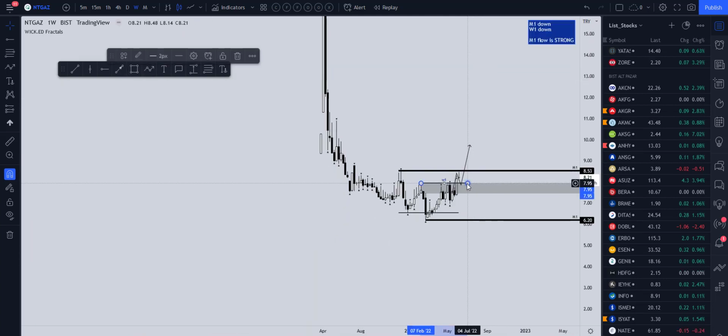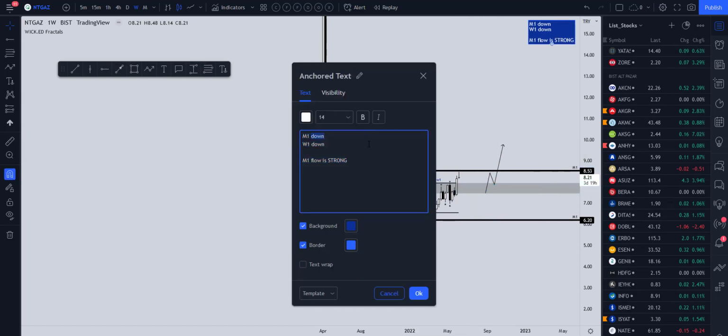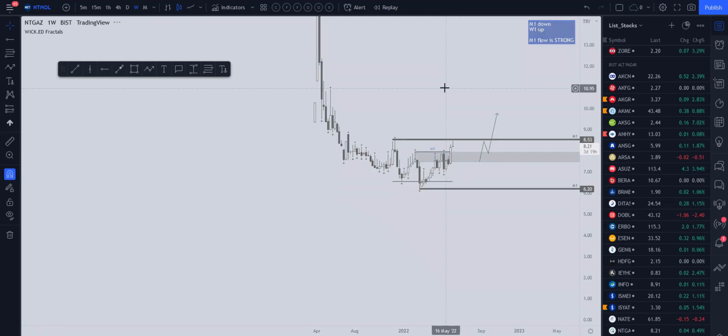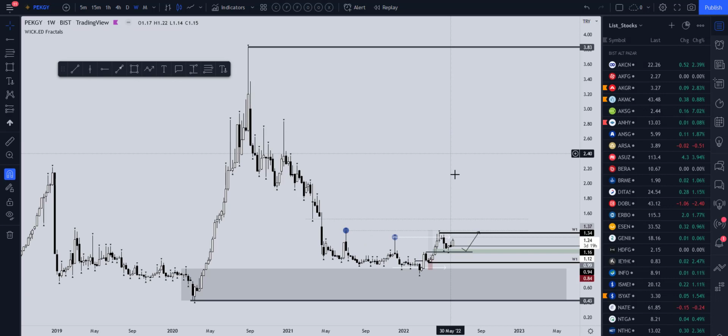Yeah, market structure break happens. Nice. Now this is up. Now let's see what happens with the monthly structure. Nothing, expanding very much. I don't want to have any business in here.